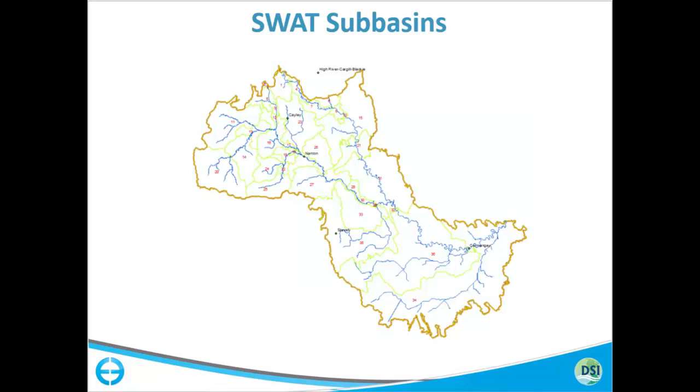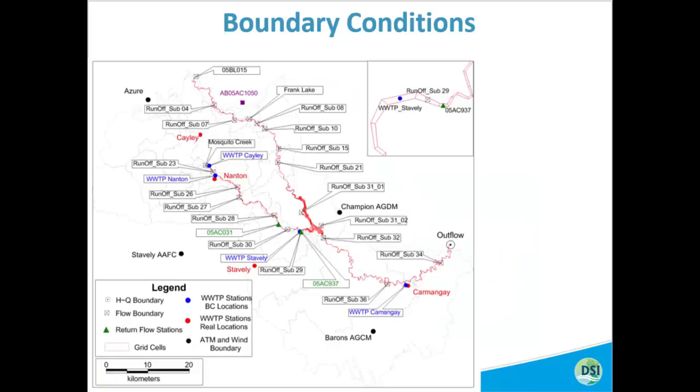So first what we did was we had a SWAT model, a hydrological model, developed in order to calculate the smaller inflows coming into the system, because there was not much measured data available. You need to have some kind of data to run a model. So the SWAT model gives us flows and concentrations at different locations, and we had so many boundaries that we were including in the model.